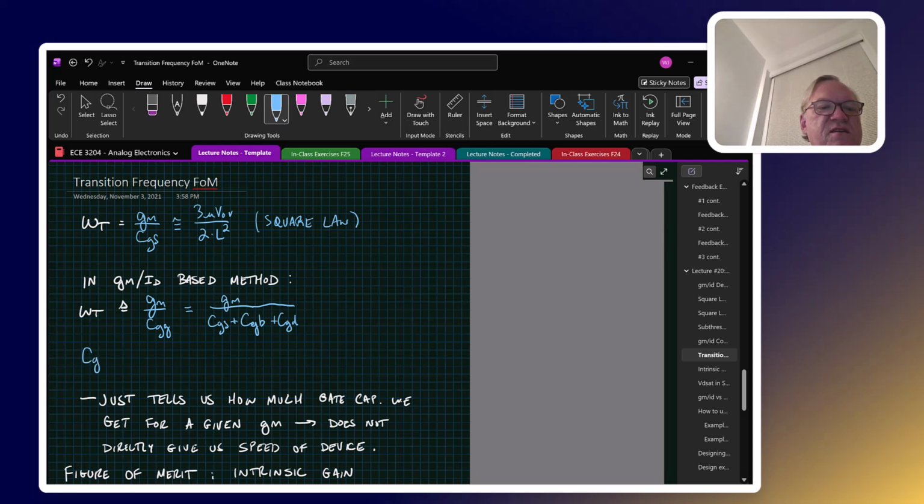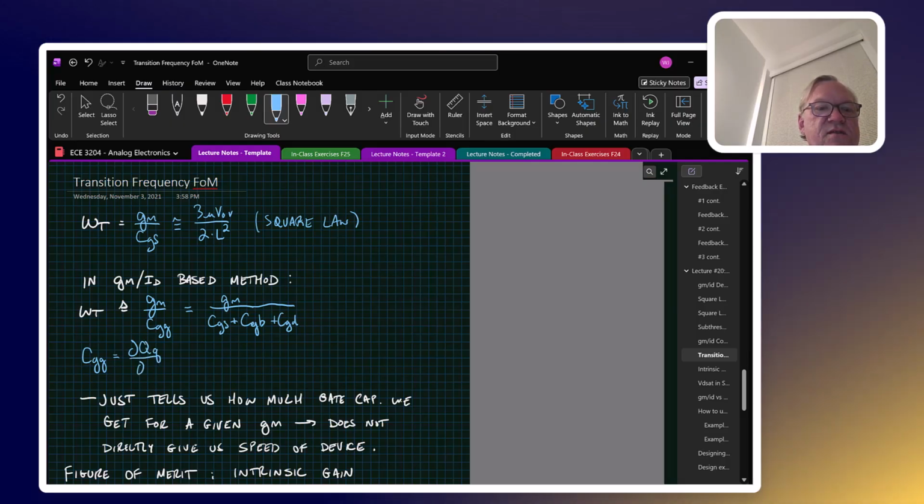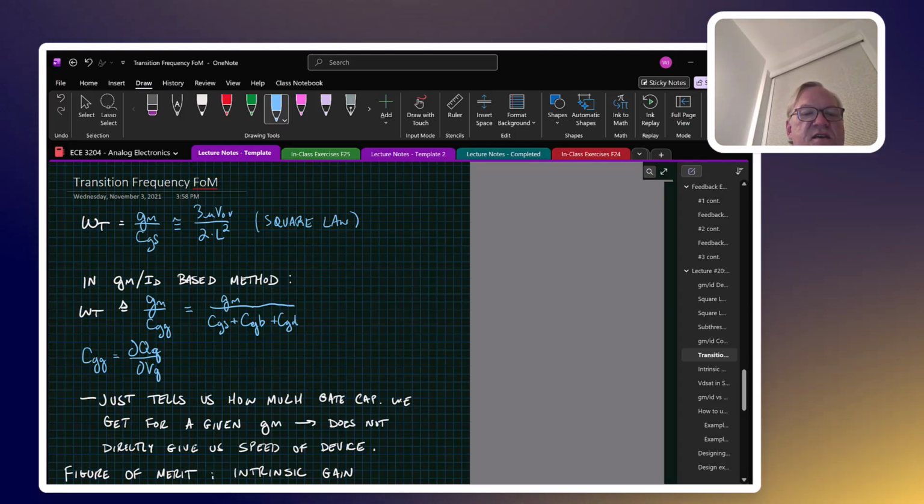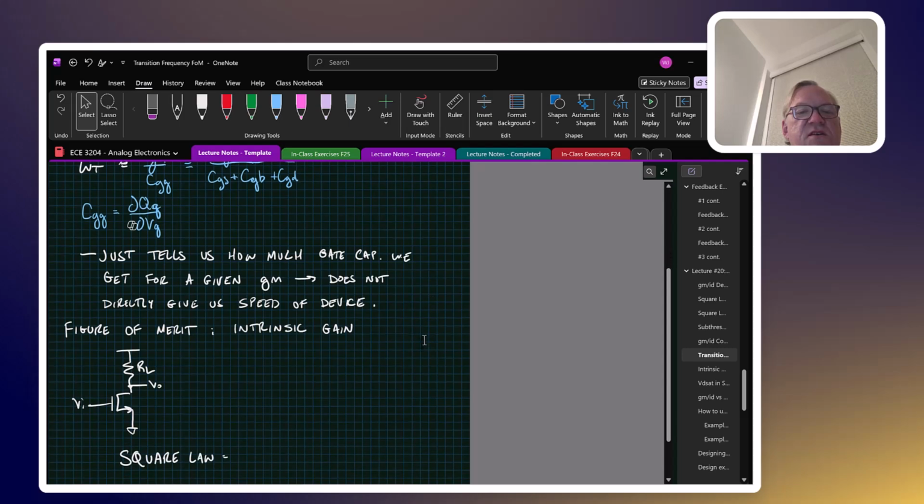Now, CGG is also equal to the charge derivative at the gate with respect to the voltage at the gate. This doesn't tell us anything other than how much gate capacitance we get for a given GM. It's not directly giving us anything related to the speed or the transition frequency of the device, but it is a metric that is independent of width.